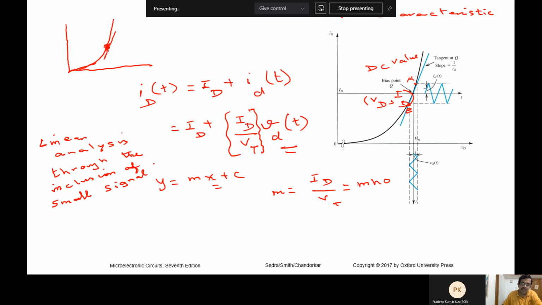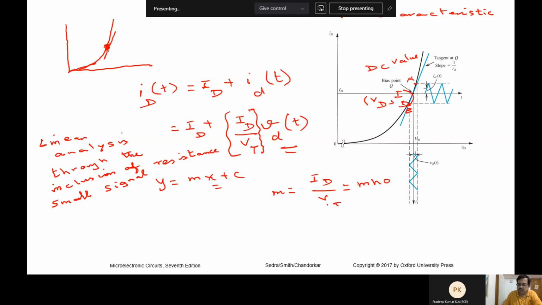Interestingly, the small signal resistance is purely dependent on the bias point ID, which is a steady state current, and the thermal voltage, that is, the temperature.